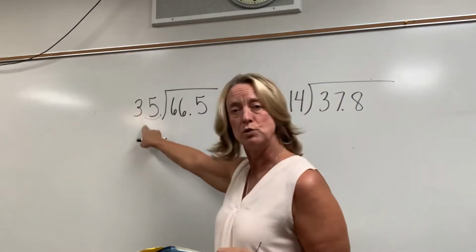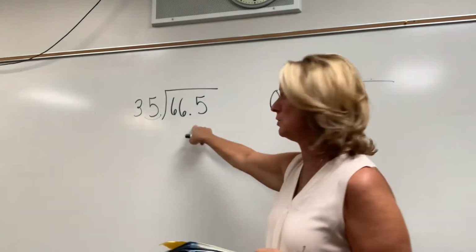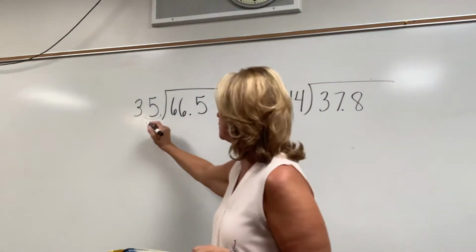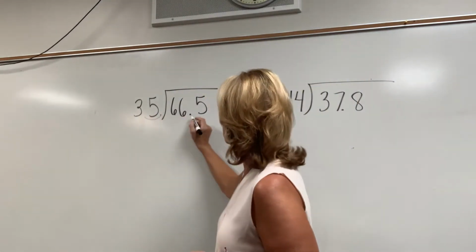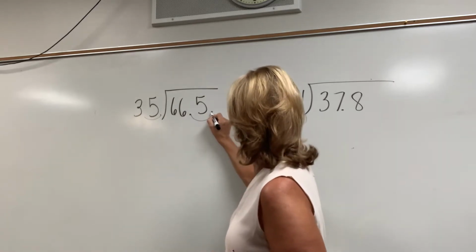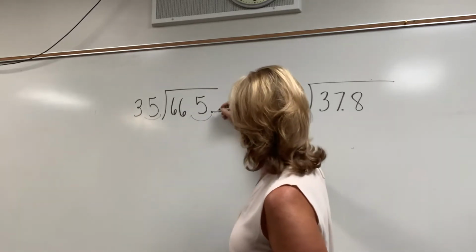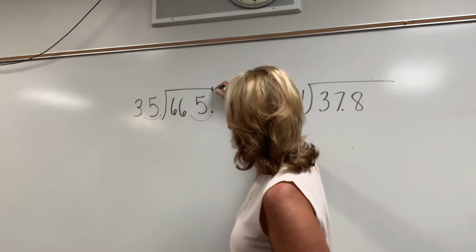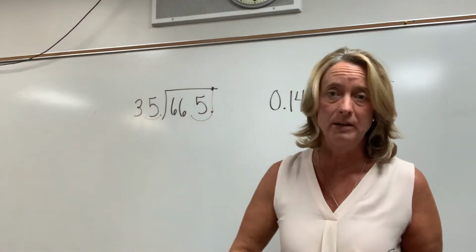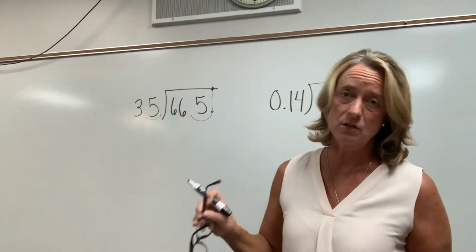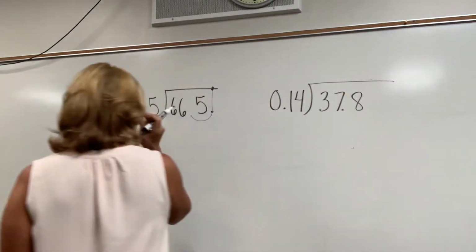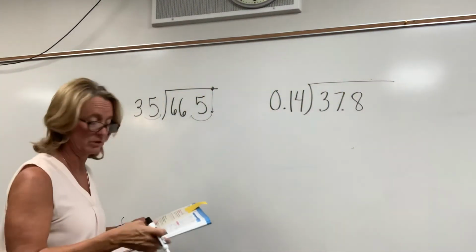But whatever you do to your divisor, you also have to do to your dividend. So if you've moved your decimal point one place to the right here, you need to do the same thing here in your dividend. So now we're going to do that, and you're going to move your decimal point up into your quotient like we talked about yesterday. Make sure you do that so that you don't forget. And then you can go ahead and work it out like any other division problem.